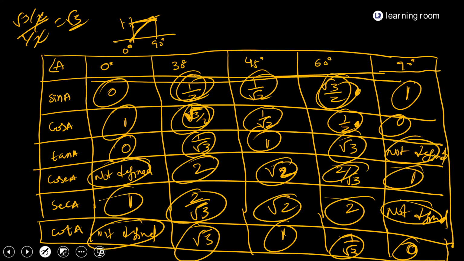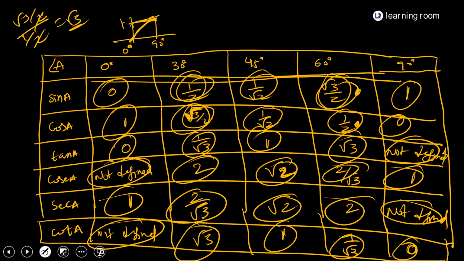Easy, no? You just need to know sin A, that's it. Once you know sin A, everything is easy. If you know sin A, to get cos A, what you need to do? Reverse it. Tan A will be sin A by cos A. If you know tan A, cot A will be reversing. Cosecant A will be 1 by sin A. If you know cosecant A, secant A will be reversing.